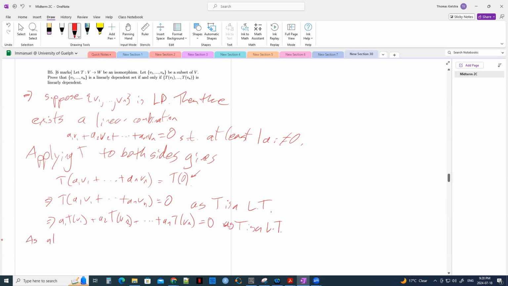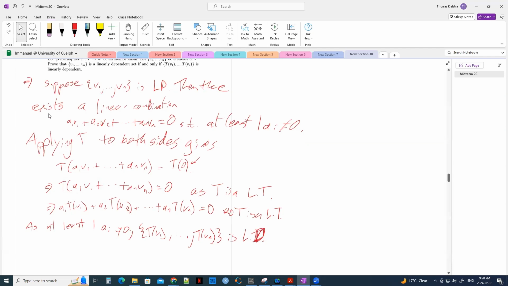As at least one ai does not equal 0, the set T(v1) through T(vn) is linearly dependent. Sorry. So we've proven the forward direction.